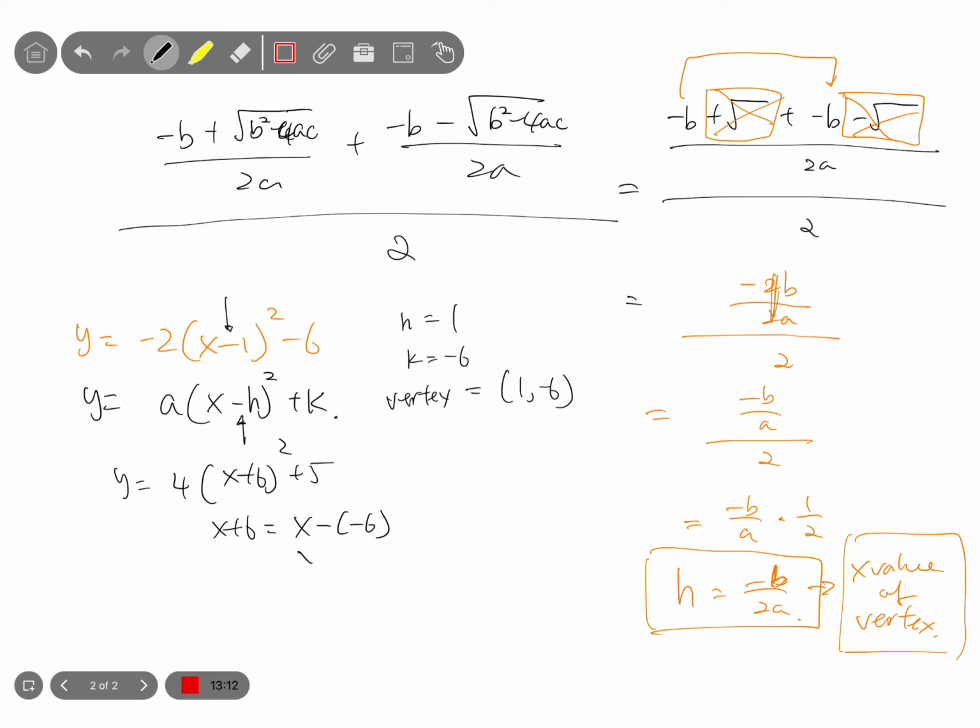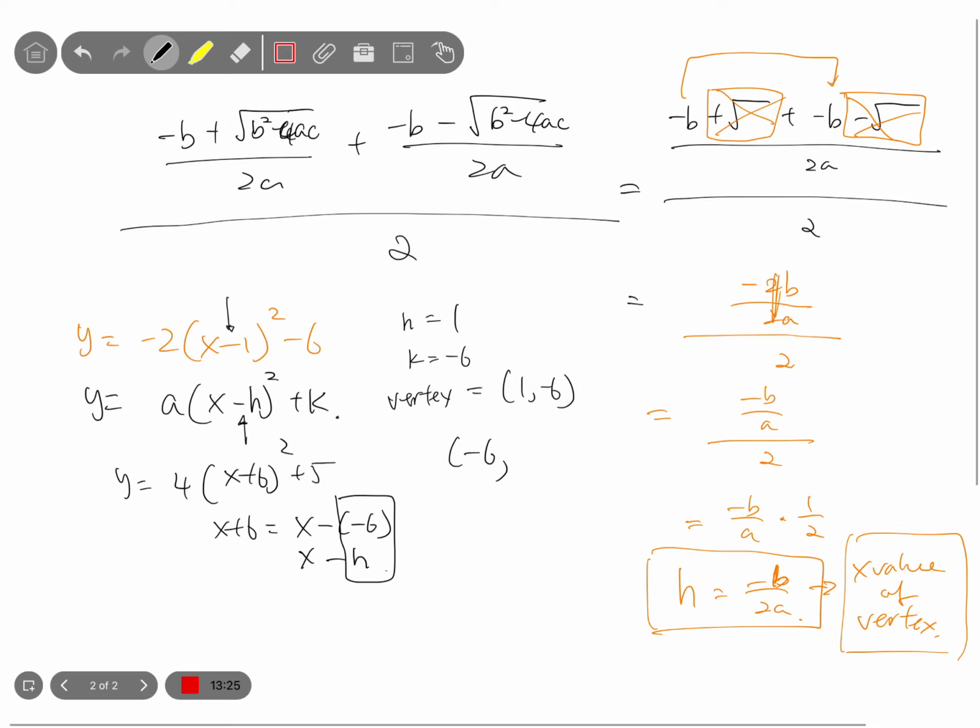So I can have the x minus h. So, all right, in this case, h is negative 6. And now the k. What is the k? K is a number outside by itself. So that's just 5. So the vertex is negative 6, positive 5.